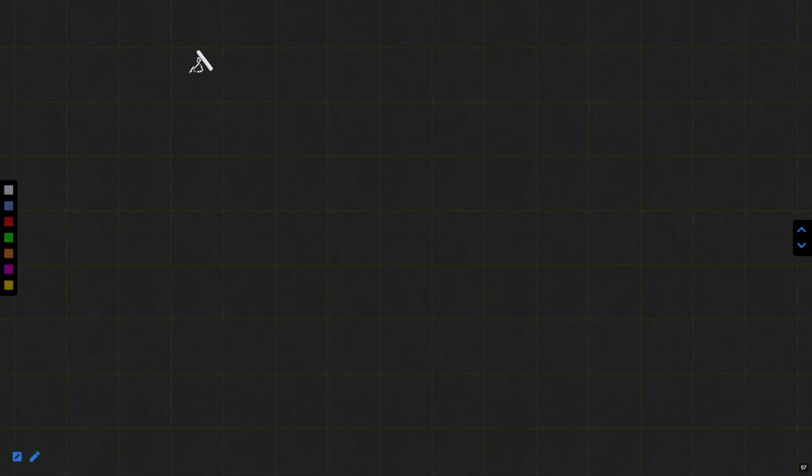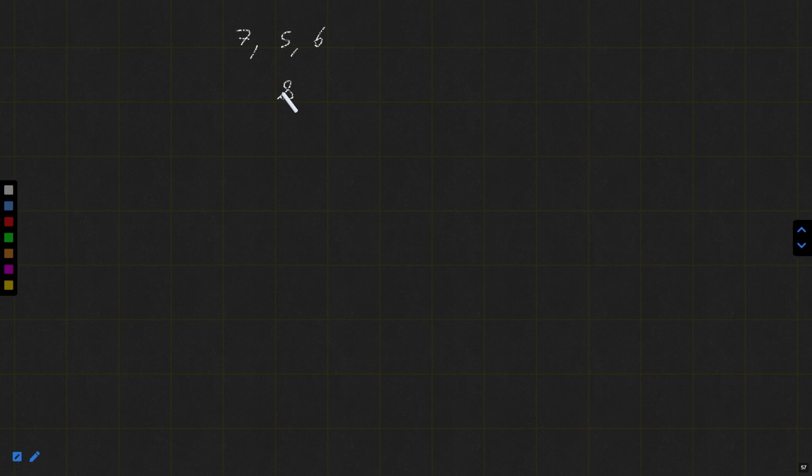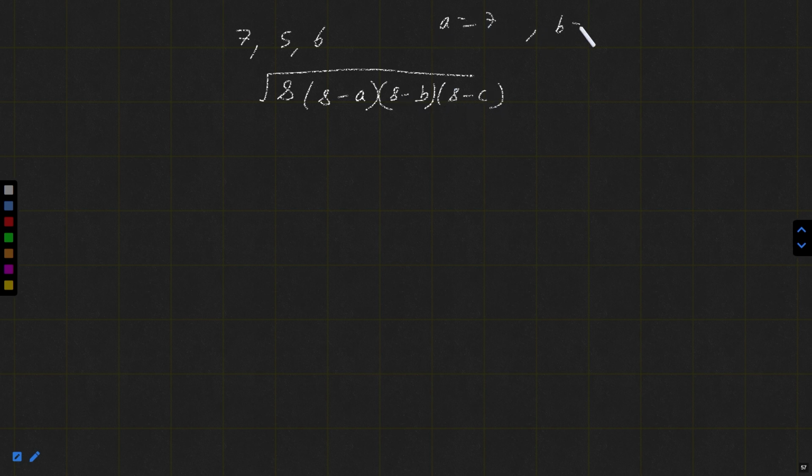The sides are 7, 5, 6. Heron's formula for area is the square root of S times (S minus A) times (S minus B) times (S minus C), where A is 7, B is 5, C is 6, and S is the sum of the sides divided by 2, which is 7 plus 5 is 12, plus 6 is 18, divided by 2, which is 9.